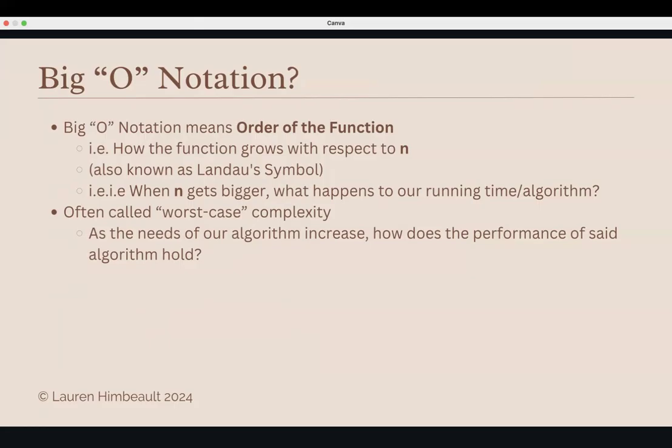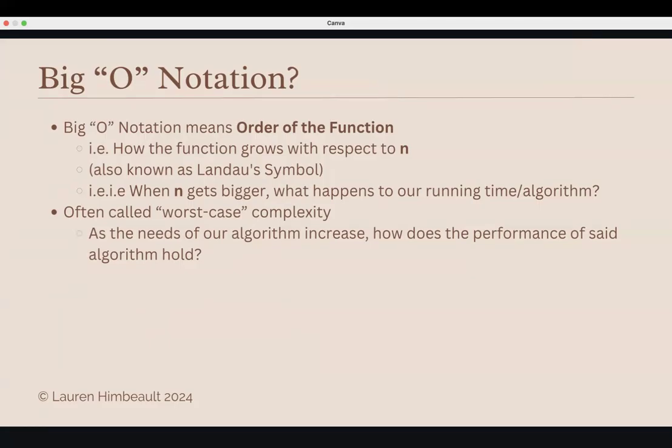Basically, it means how the function grows with respect to n, and apparently it's also called Landau's symbol. I've never heard anybody use this term, but I guess whoever coined it, Landau, named it after themselves. So basically, when n gets bigger, what happens to our running time? What happens to our algorithm? What can we expect?